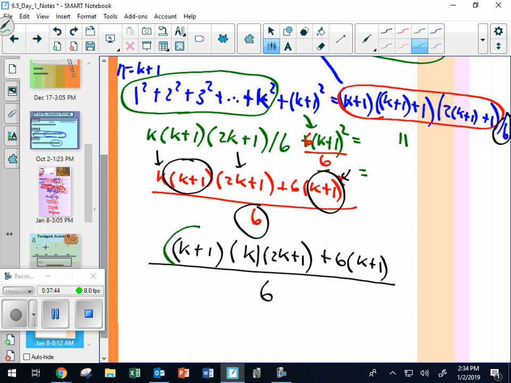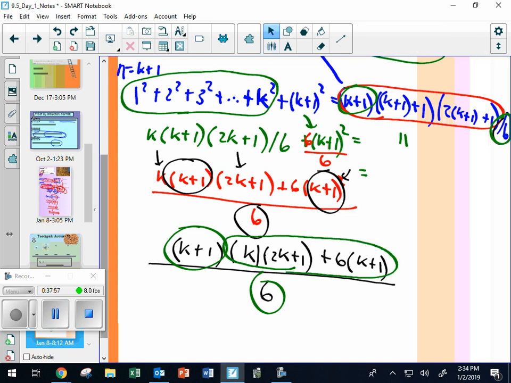Now, I've already got the k plus 1 I need. Yay. Already got the 6 I need. Yay. Now I just have to get this part right here to look like this part right here.